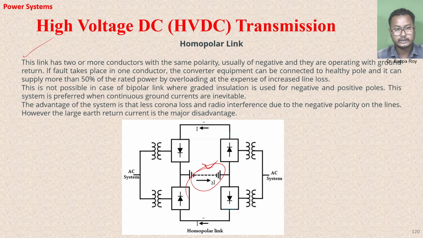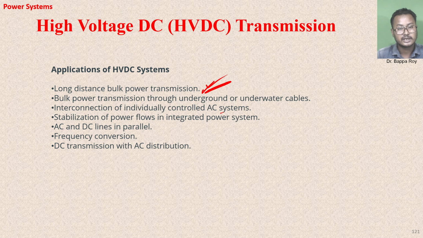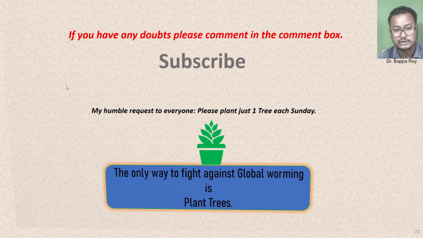Interconnection of individually controlled AC systems can be done. Stabilization of power flow in an interconnected power system. AC and DC lines in parallel. Frequency conversion. DC transmission with AC distribution. The first and second, these are the main things actually.